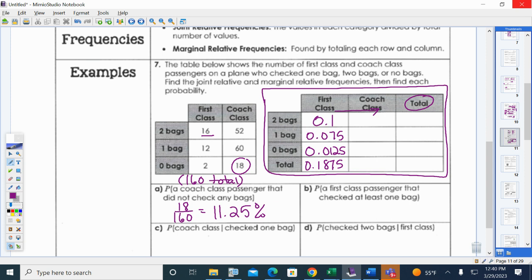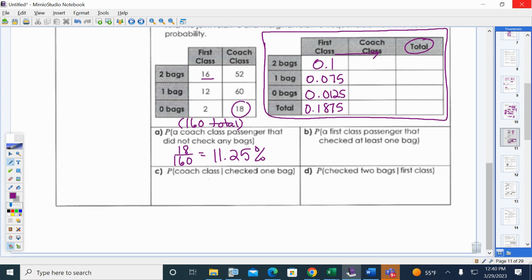Let's do a conditional. Let's do part C. The probability that you select coach class given that you've checked one bag. Given that you've checked one bag. So checked one bag is a total of 72. Of those, how many are coach?